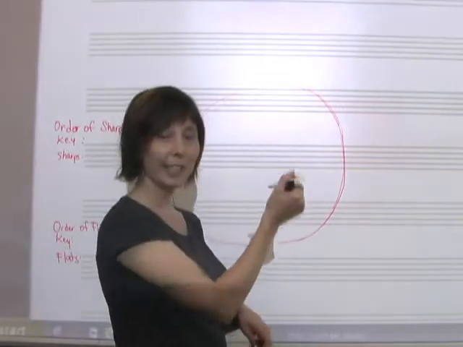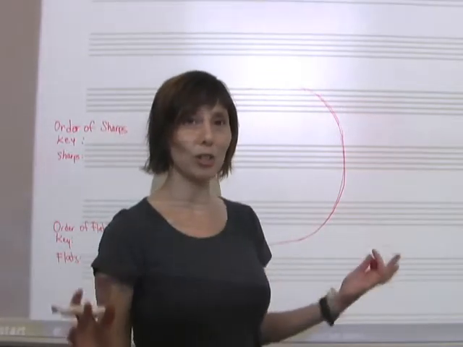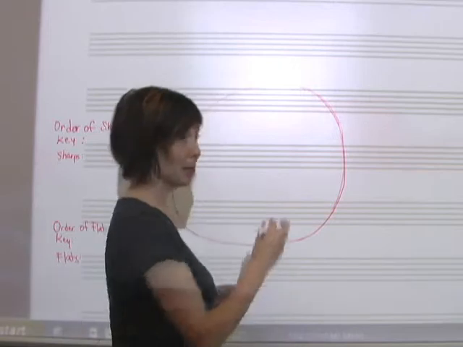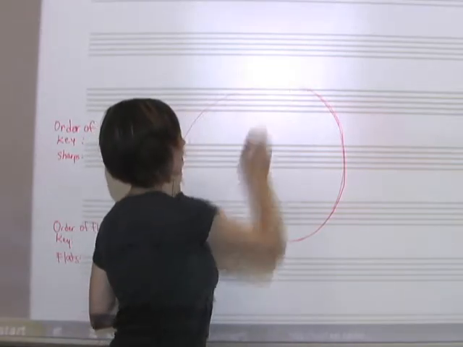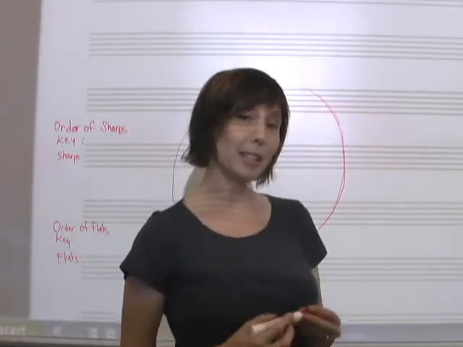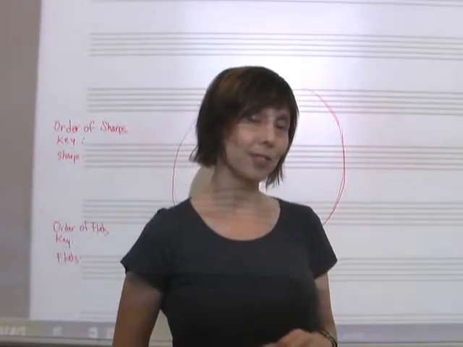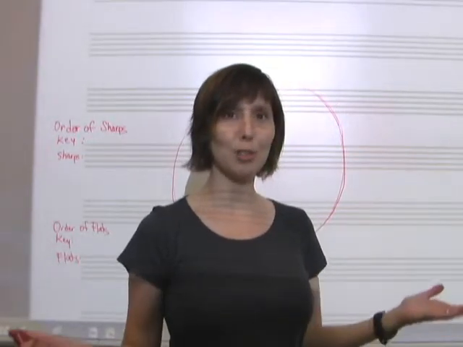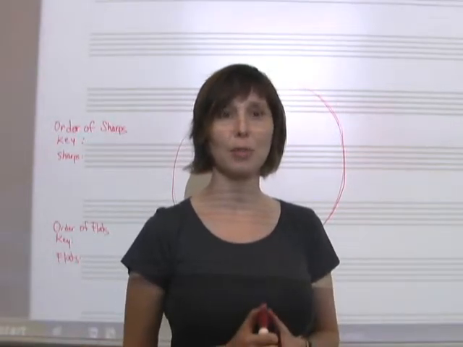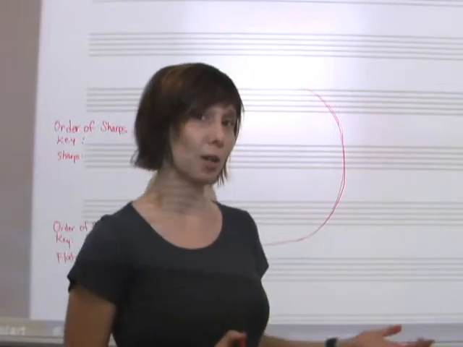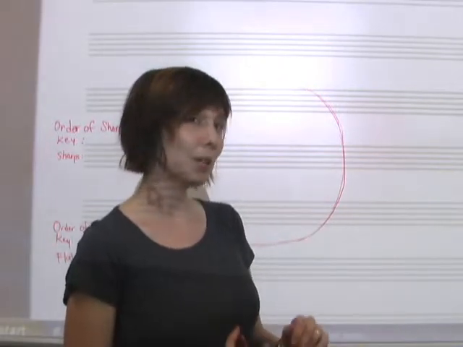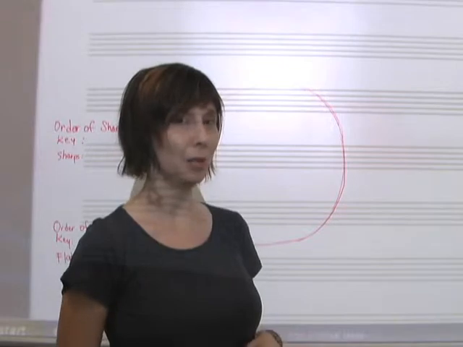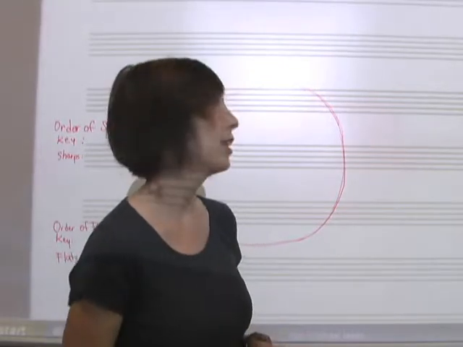Well, actually, let's start with the key that has no sharps and no flats in it, and that would be C major. C does have a key signature, which is to say no sharps, no flats. So if you look at a piece of music and there are no sharps or flats, that implies possibly that the key could be in C major.